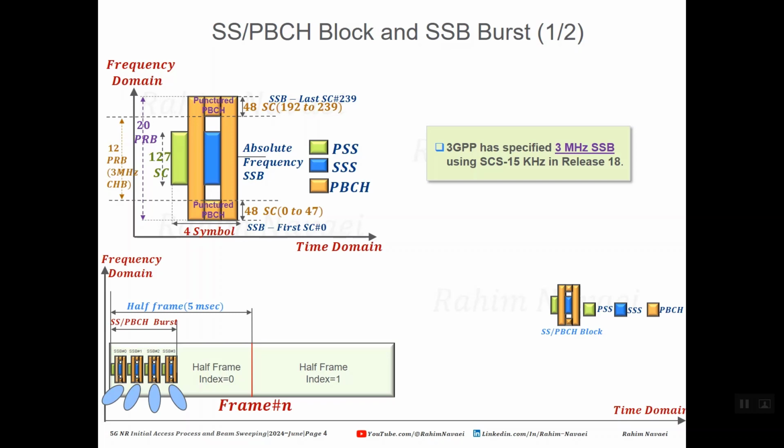An SSB burst includes one or more SSBs and is confined within a 5 milliseconds time window, which is actually half of a radio frame. Each SSB belonging to an SSB burst is allocated to a beam. The maximum number of SSBs within a burst depends on the operating band.